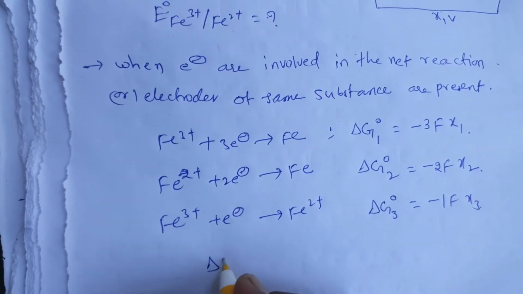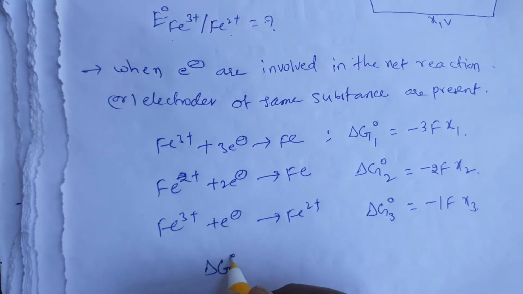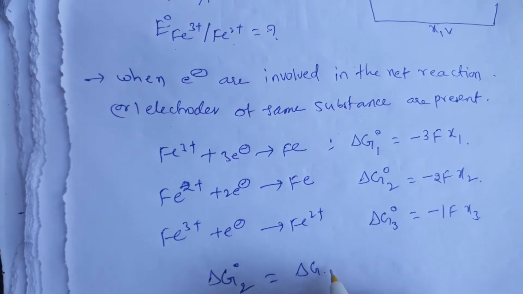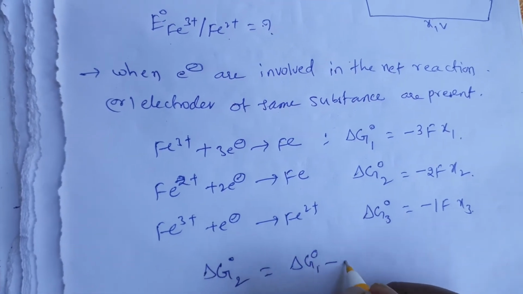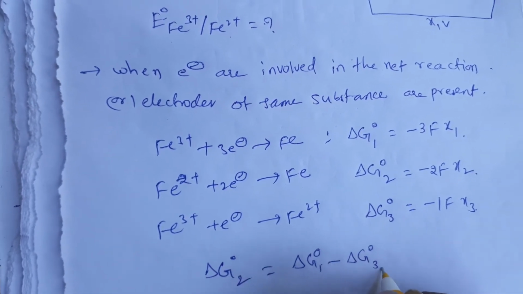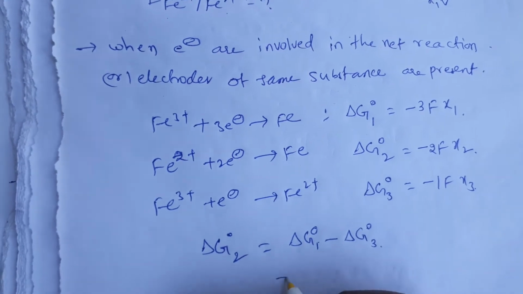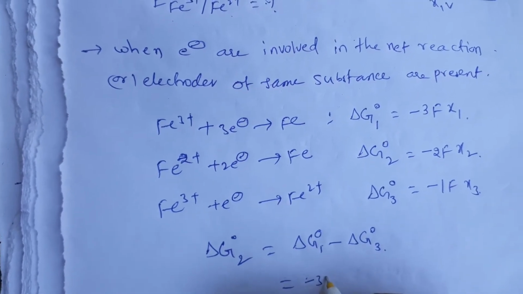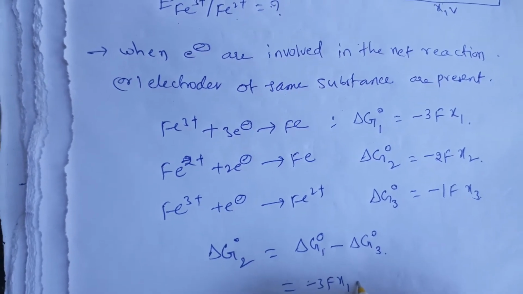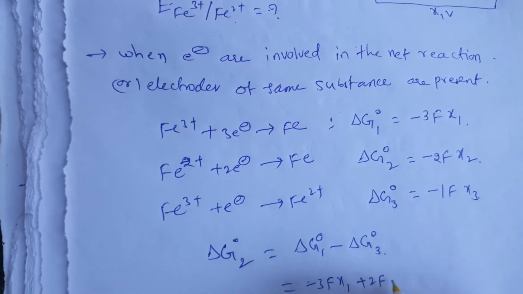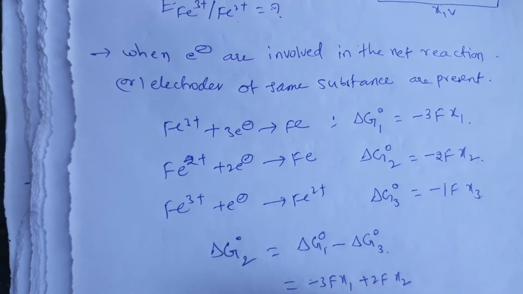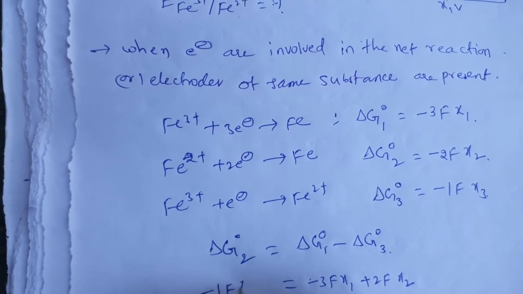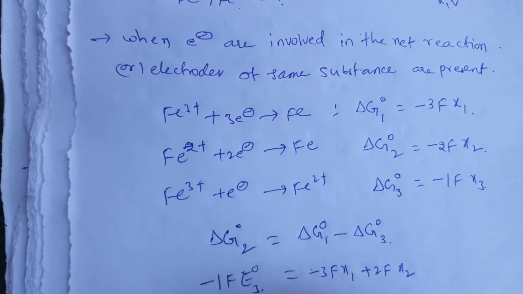So delta G naught 2 is equal to delta G naught 1 minus delta G naught 3. So here it is delta G naught 3, minus 3F x1 plus 2F x2. So here it is minus 1F E naught 3 is equal to this.